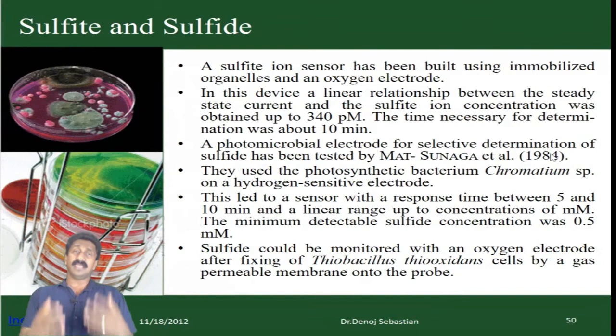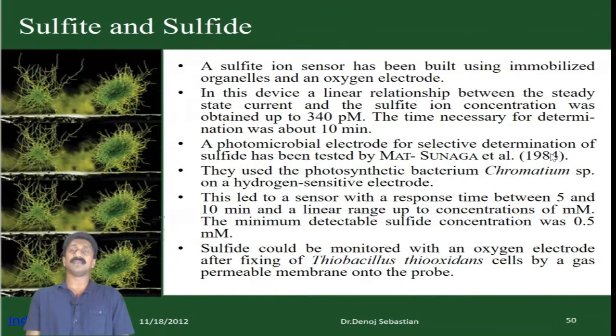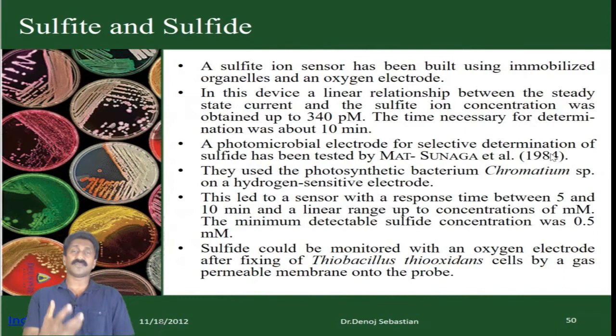Then, a photomicrobial electrode for selective determination of sulfide has been tested by some scientists, Matsunaga et al. in 1984. So there is a photomicrobial electrode for detection of sulfide.